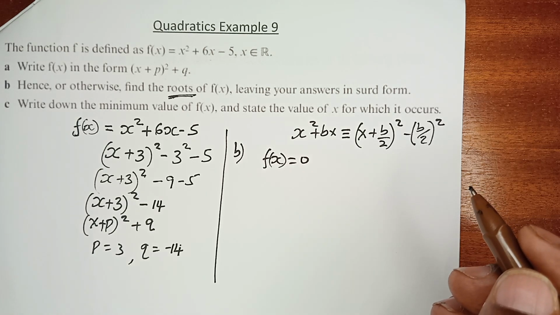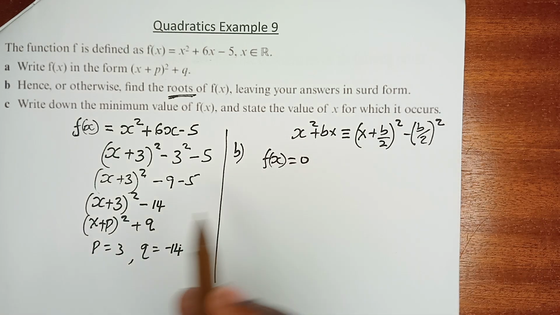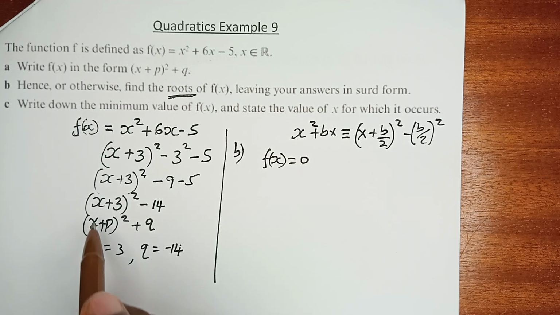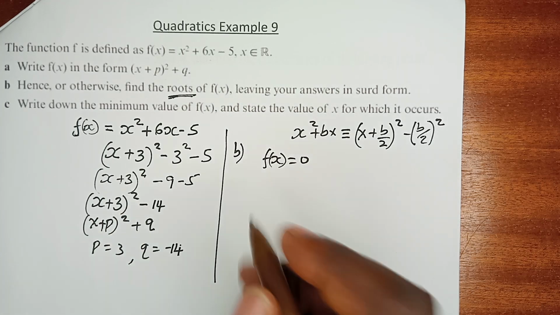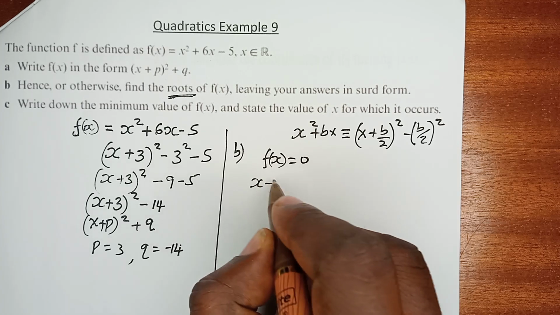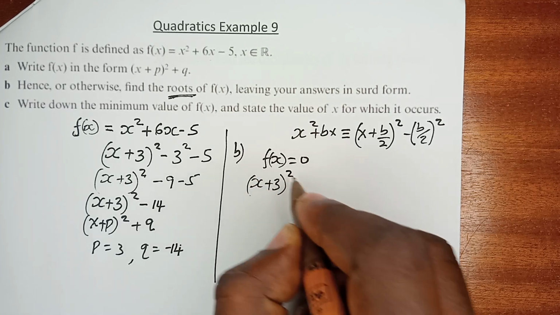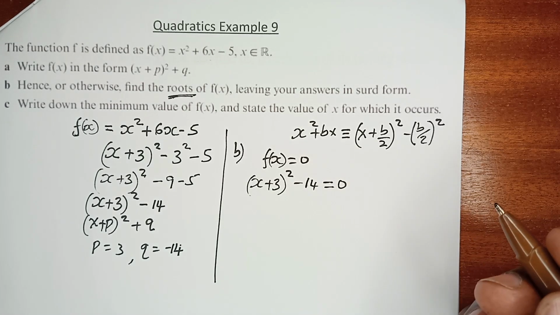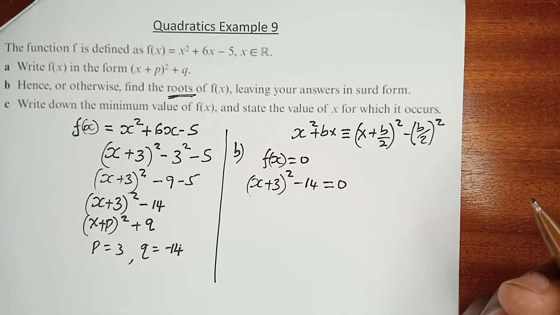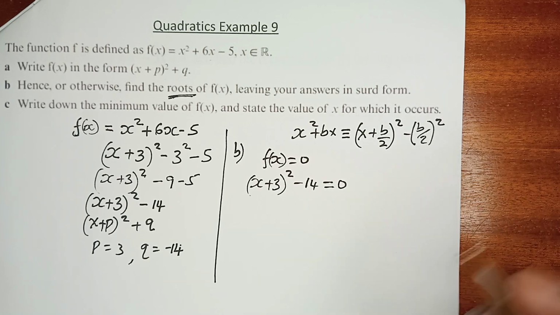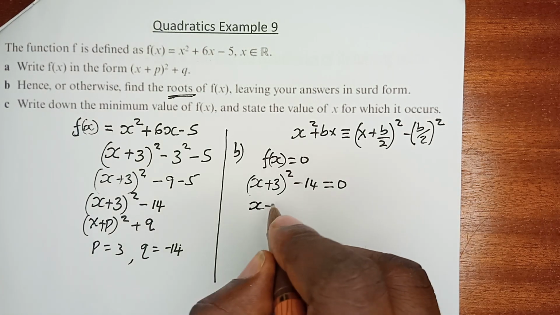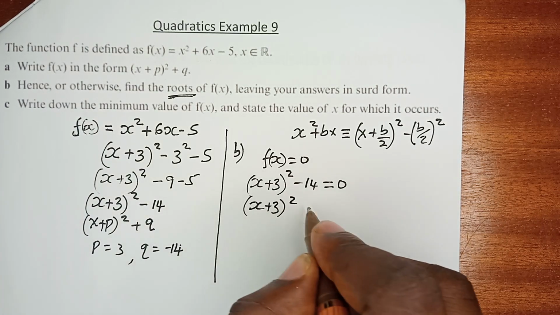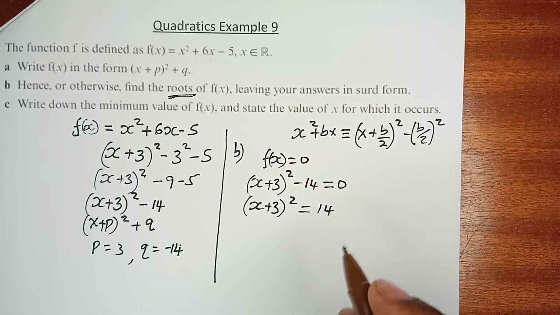So f(x), which is now (x + 3) squared minus 14, is going to be equals to 0. And for that reason, we can already see that (x + 3) squared is equals to 14.